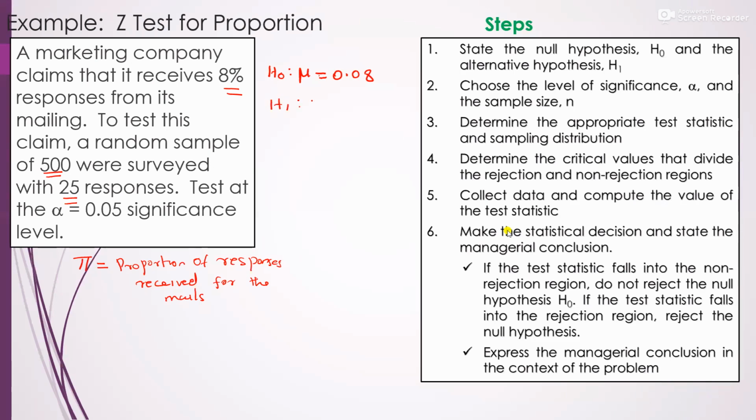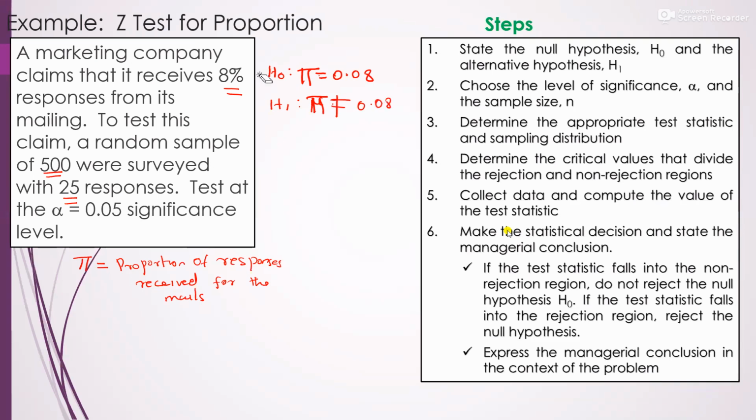So H naught: pi is equal to 0.08, and H1: pi not equal to 0.08.